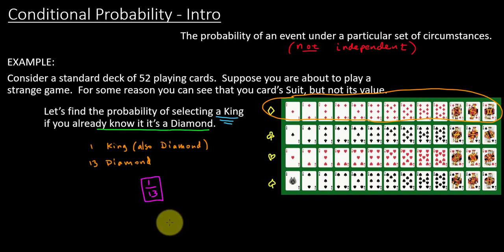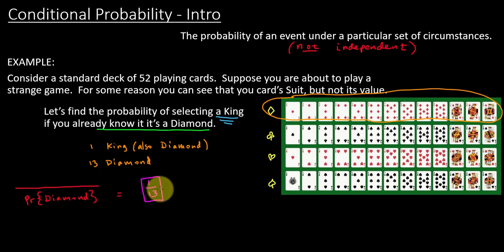Before I show you the formula, I want to walk through in an analytical approach what we just did. We essentially limited our perspective to that of only diamonds. That 13, right? So there's a denominator, and in that denominator was the probability of getting a diamond.